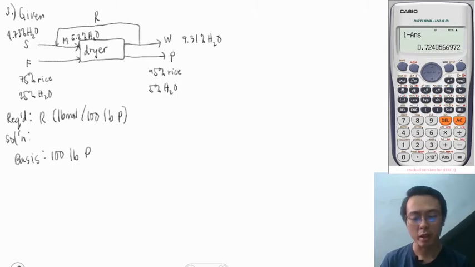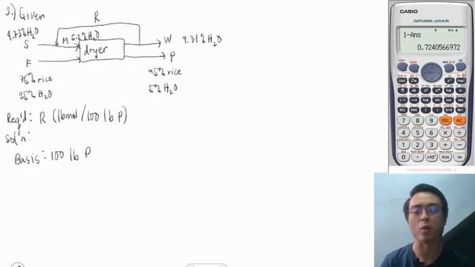While for the upper streams, the S, W, and R, they are in pound moles because they are gaseous streams. So that means we also have two types of representations of composition here. In your F and in your P, those percentages are percentage by mass because it's in the solid state. In the upper streams, the stack, the W and the R, those are all in percent by mole because we are required to get the amount of recycled gas in pound moles.